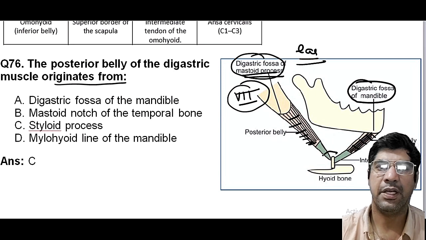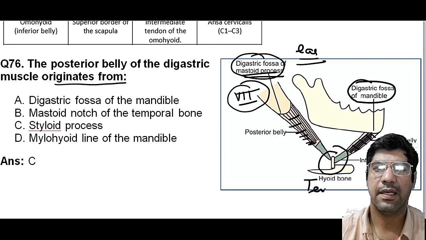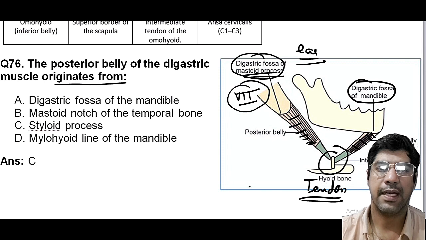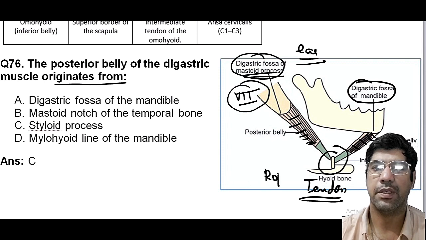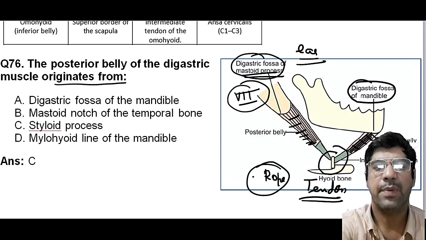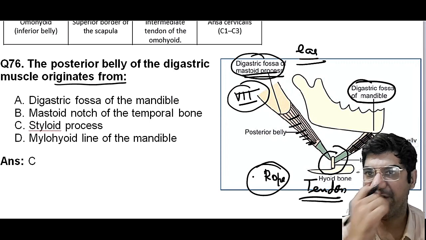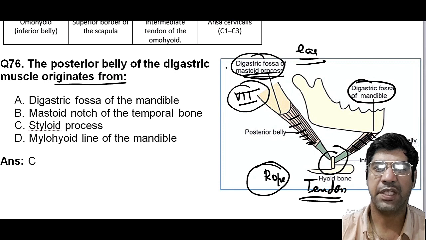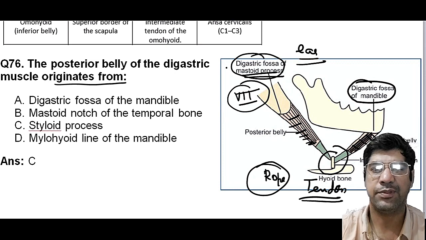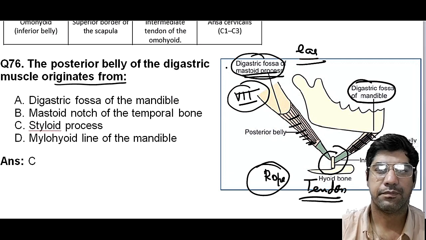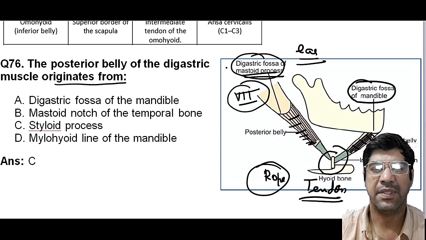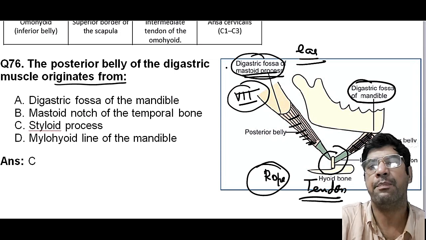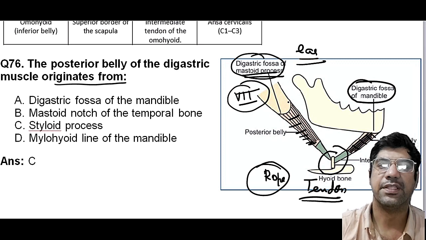And it is inserted into the intermediate tendon which is connected to the body of the hyoid bone. Think of this tendon as a rope that attaches the muscle to the hyoid bone. The posterior belly of digastric is innervated by a branch of the facial nerve. When the posterior belly contracts, it helps to open the mouth by depressing the mandible. It's like the muscle's job when you want to take a big bite of your favorite sandwich.